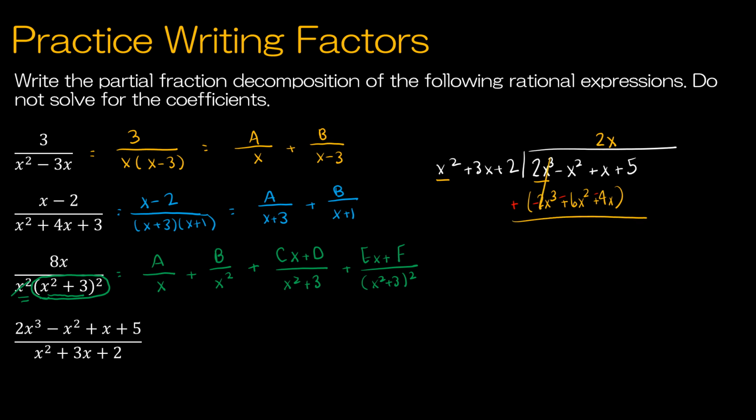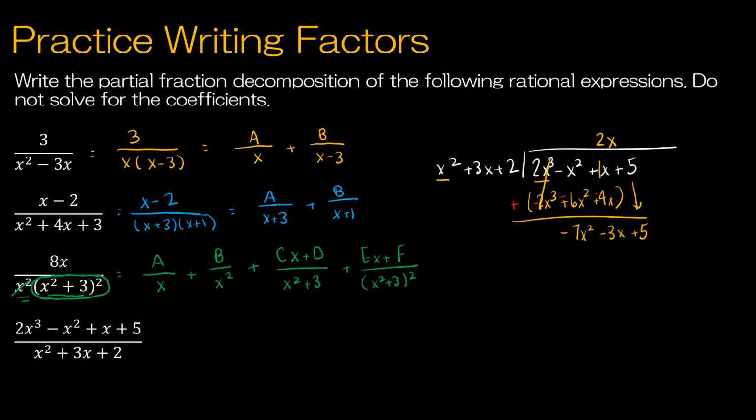So 2x cubed and negative 2x cubed cancel. I get negative x squared and negative 6x squared, so that's negative 7x squared. I get x minus 4x, so 1 minus 4 is negative 3x, and then I'm going to bring down the 5. And then I'm going to repeat that process.